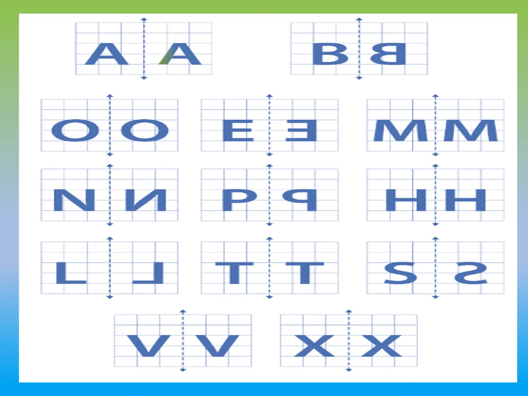Letter A, then O, then M, H, T, V and X. These letters have the same reflection. If we notice, these letters have vertical lines of symmetry. So those letters which have vertical lines of symmetry will have the same image.